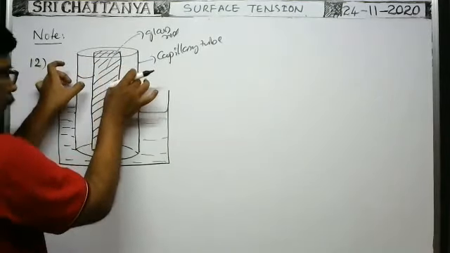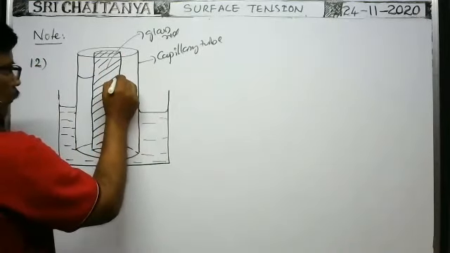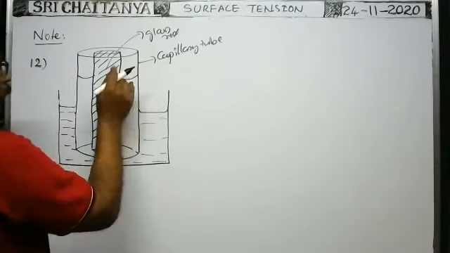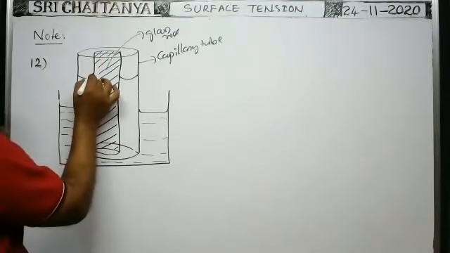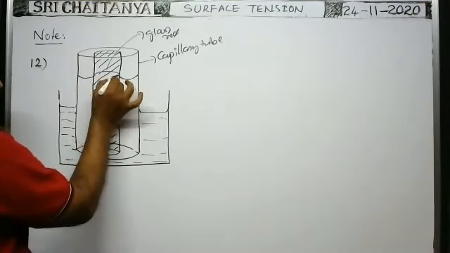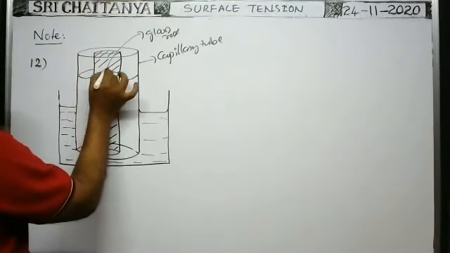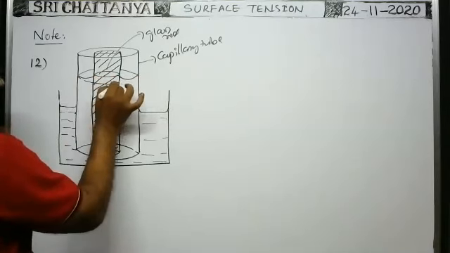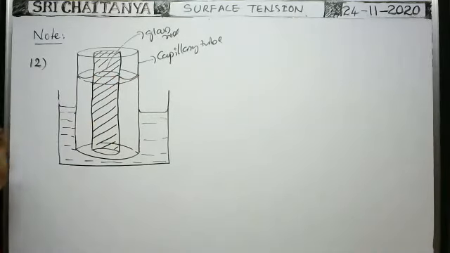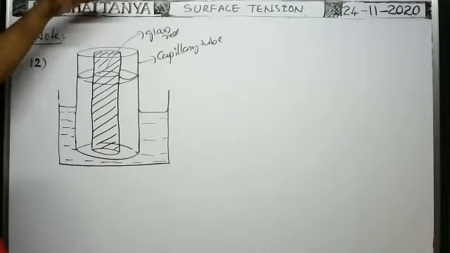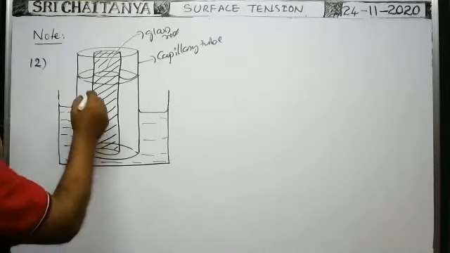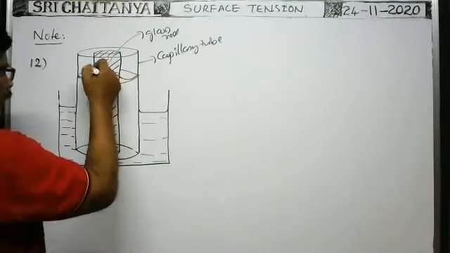When you see from the top, the surface of the liquid meniscus appears like a circular cross section here, and here also a circular cross section like this. So when you see from the top, the surface of the meniscus is up to this.